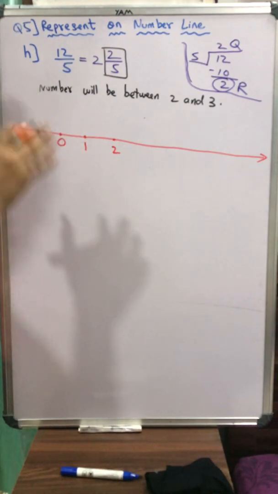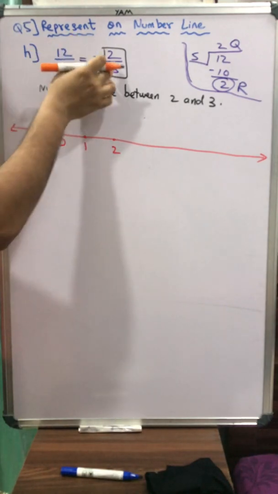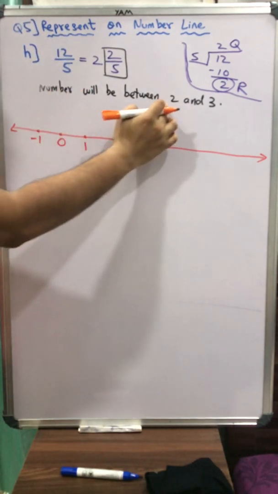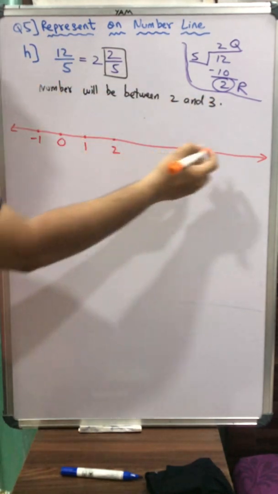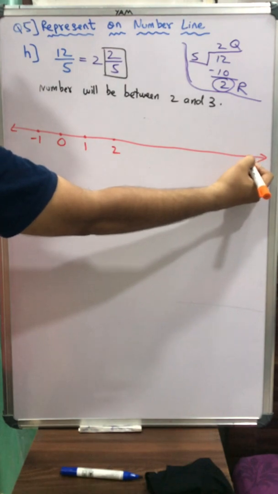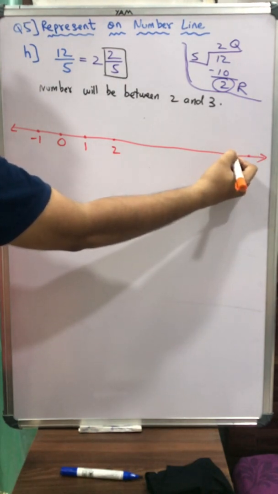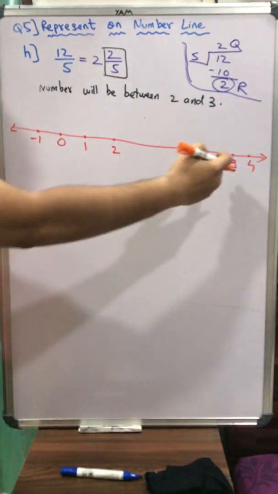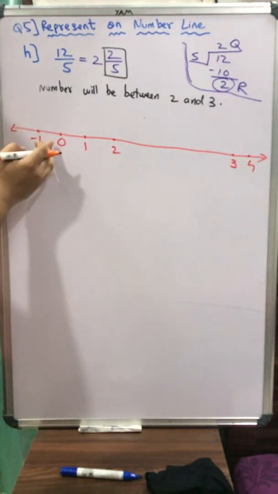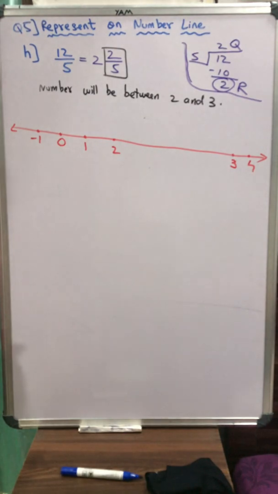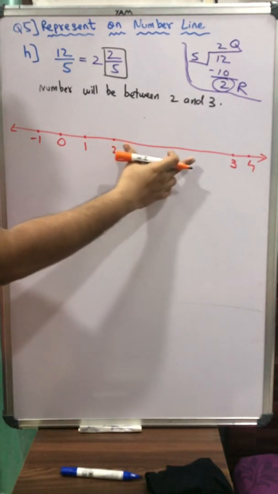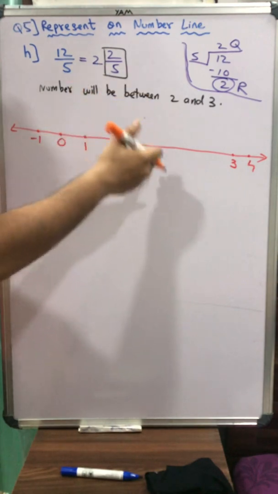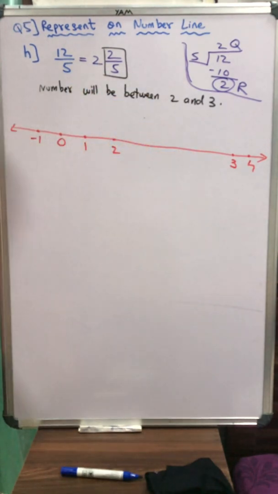And I know the fact that this number 2 2/5, which is nothing but 12/5, will be between 2 and 3. So deliberately I'm plotting 3 here. It's allowed. I'm plotting 3 here, and this will be 4. We have to write one additional number, 4. And here also I'm writing 0 and -1 like this. Okay, so I gave a big space between 2 and 3 just because I have to write many things between 2 and 3.